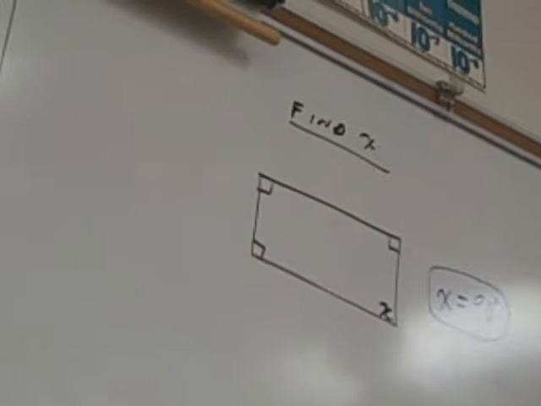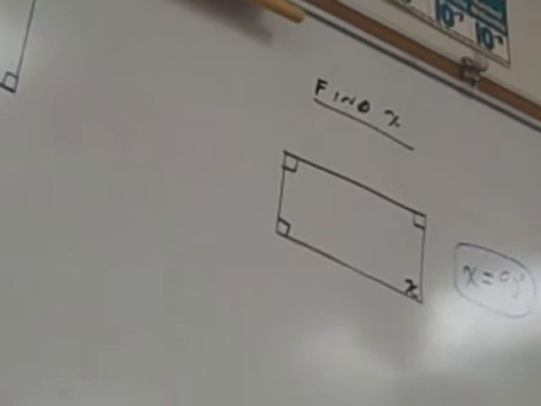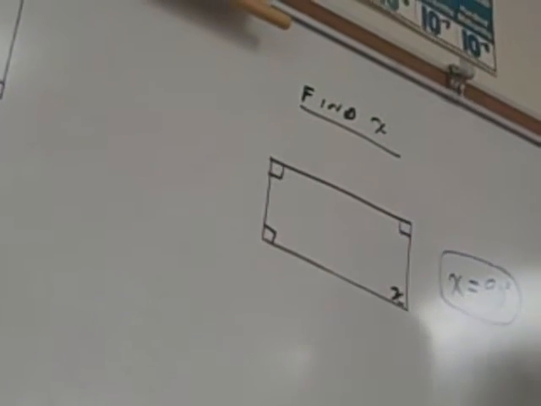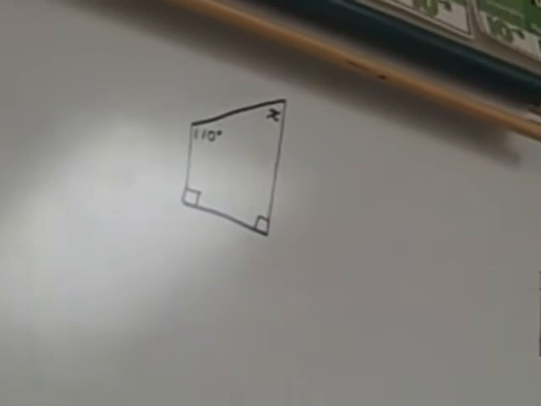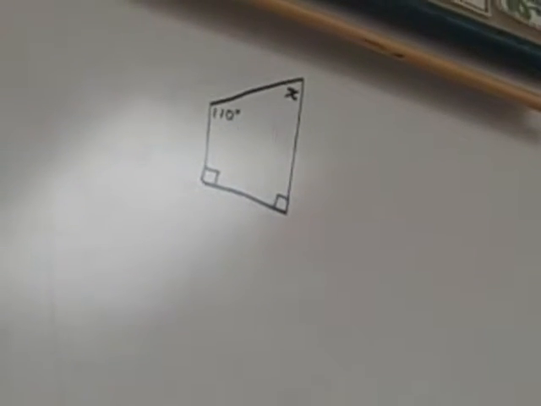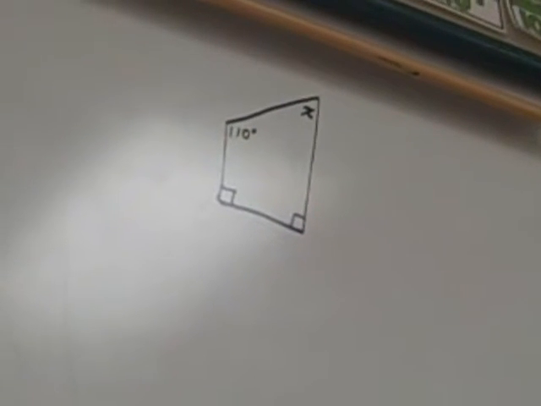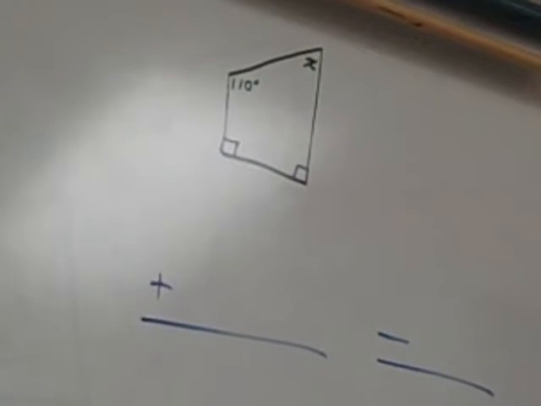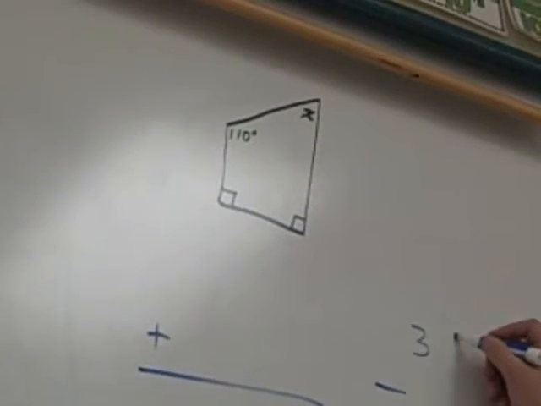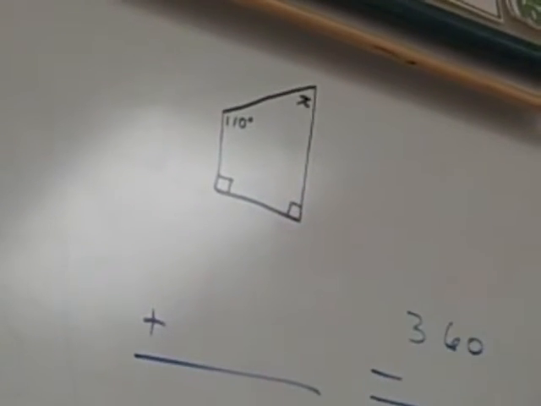All right, so I can just go straight to 90 degrees. Okay? So, Cody, now, what we got on this one, brother? How are we going to find x when all I've got is 110? Add 110 and the 2 right angles. Oh, so you're telling me I got to do some adding and then minus, what am I going to minus from? 360. So I need to do some adding. What did you want to add?